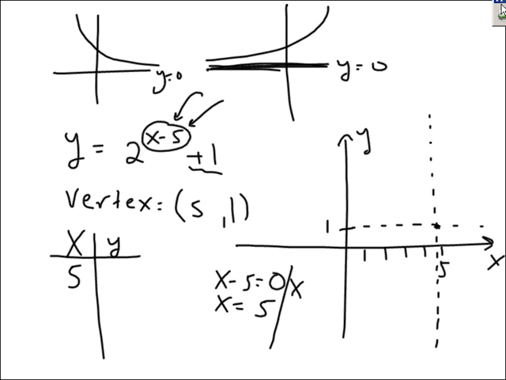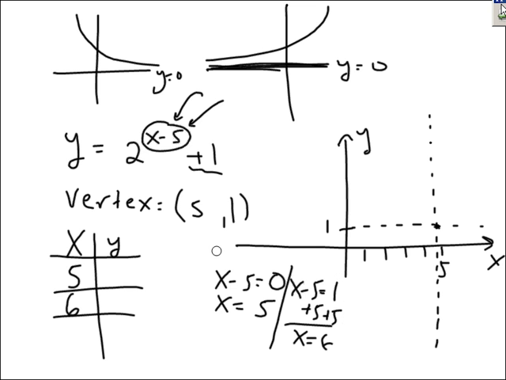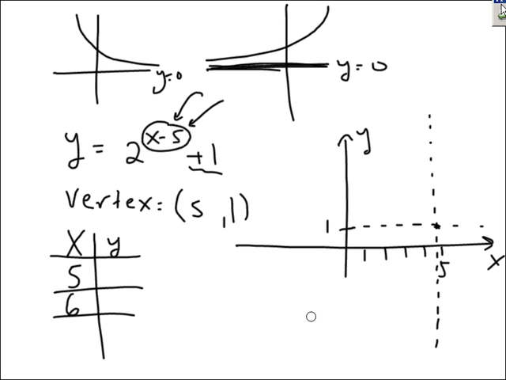If you want the power to be 1, add 5 to both sides, and now you know x should be 6. Let the exponent be 0 and 1, and find the y value. In this case, that means let x equal 5 and 6.